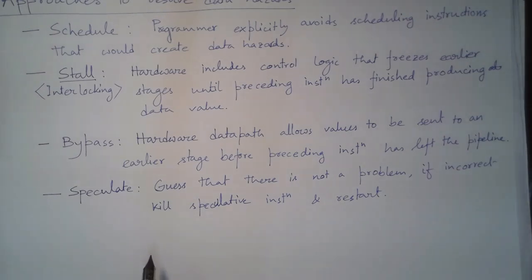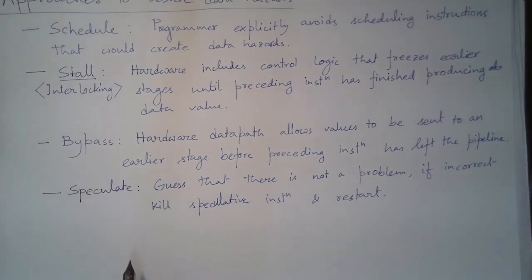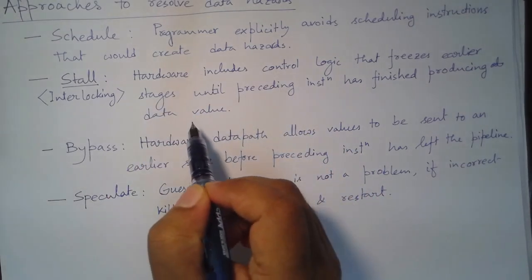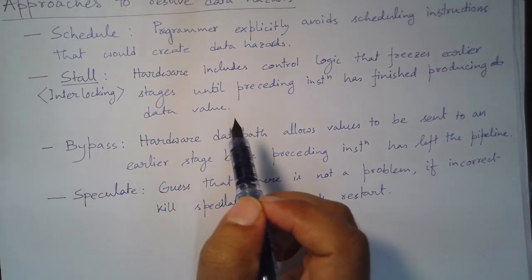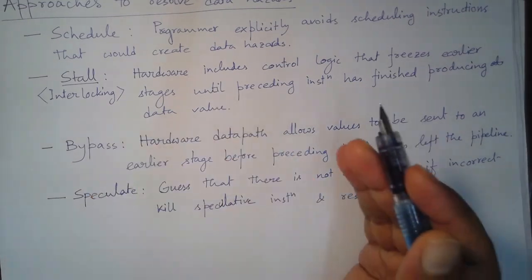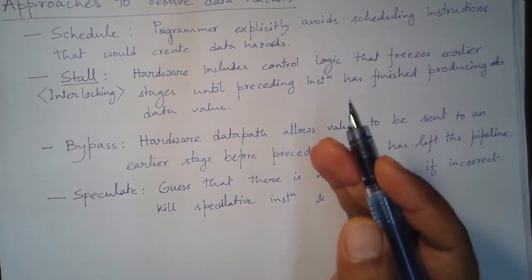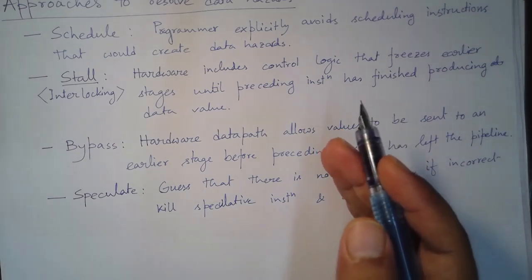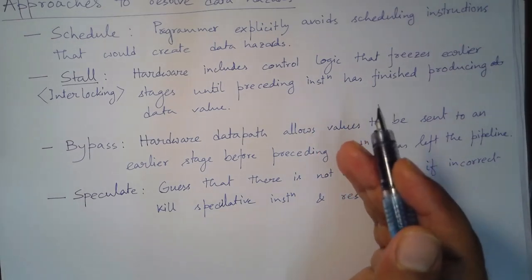We will try to understand this a little better with some figures. So essentially, to have this stall mechanism in your hardware, you need some kind of feedback from later stages, so that you know what kind of registers or variables the later stages are updating.